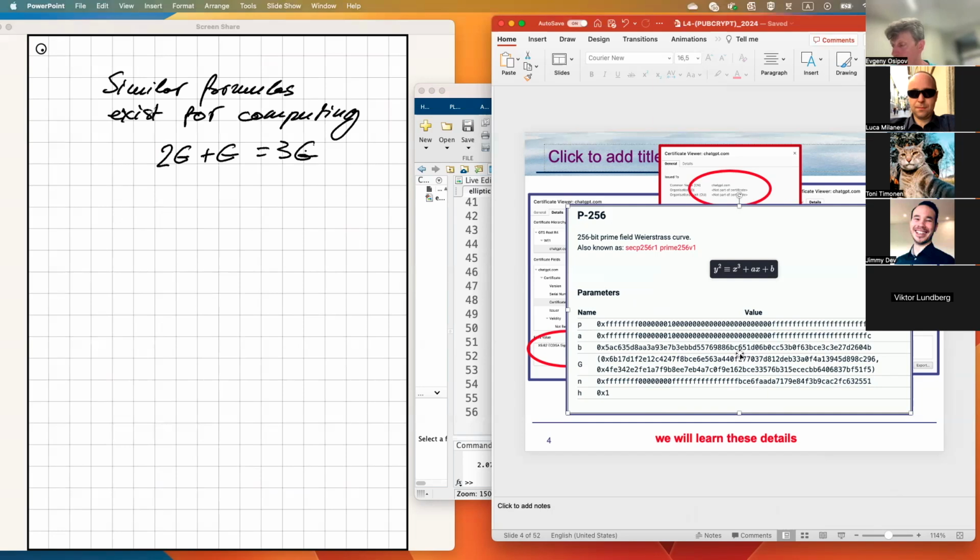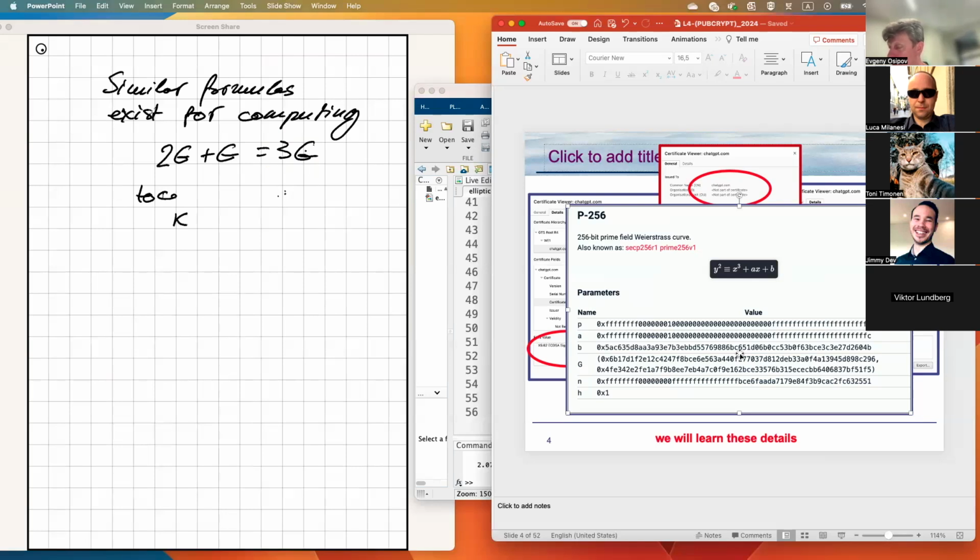And in the same fashion, if you want 4G, you add another G to the result of 3G. In this manner you do K iterations.